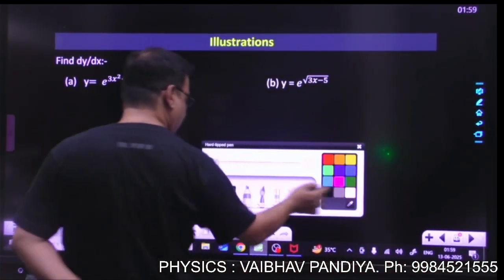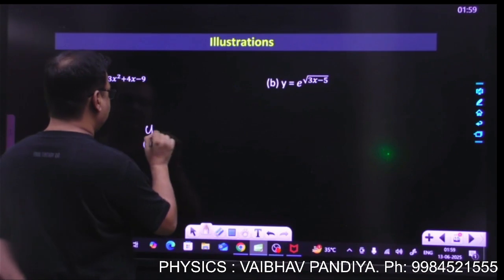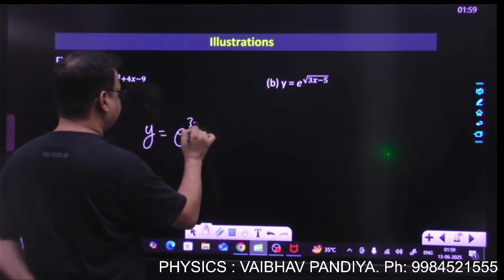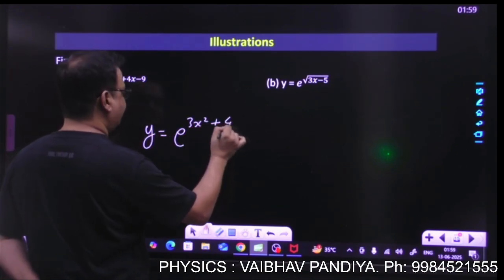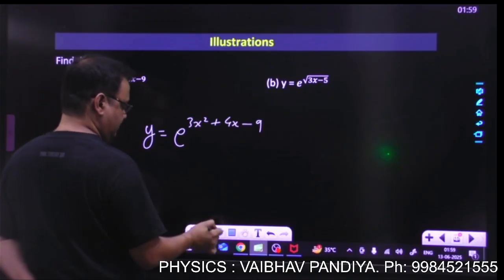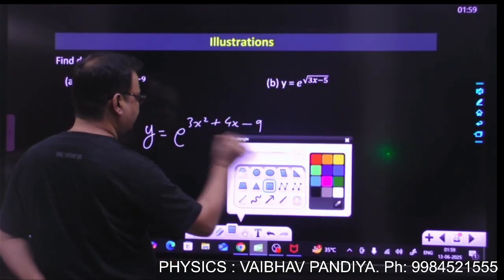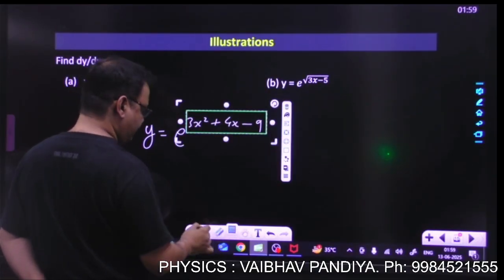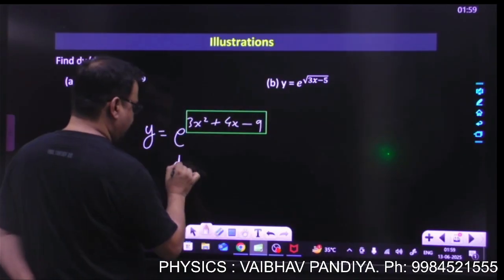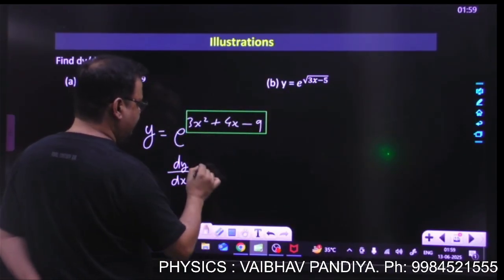Now see this illustration A, y is equal to e to the power 3x square plus 4x minus 9. So in this case, I guess this is the argument. So dy by dx will be e to the power same thing.